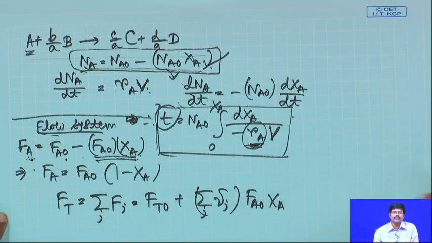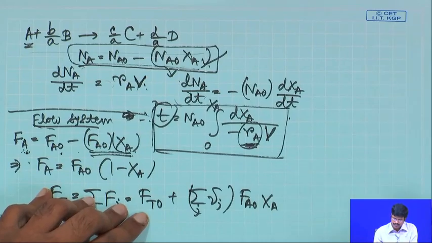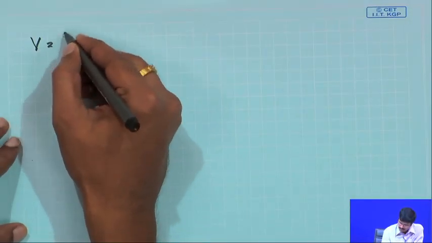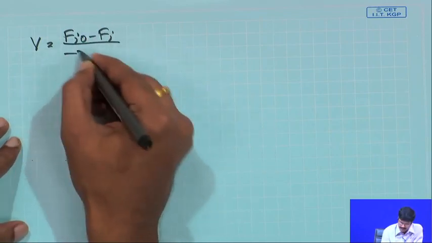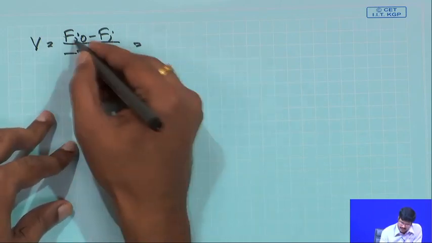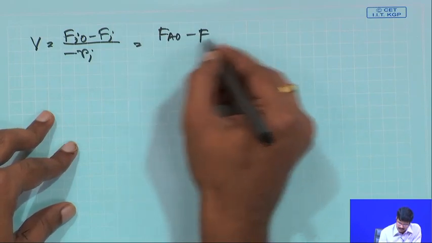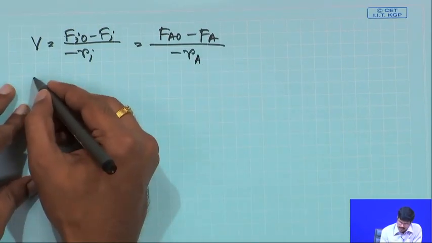If you are writing the mole balance for CSTR, it is nothing but Fj0 minus Fj divided by minus Rj, the general mole balance that we had derived. That is equal to FA0 for the species A minus FA divided by minus RA.